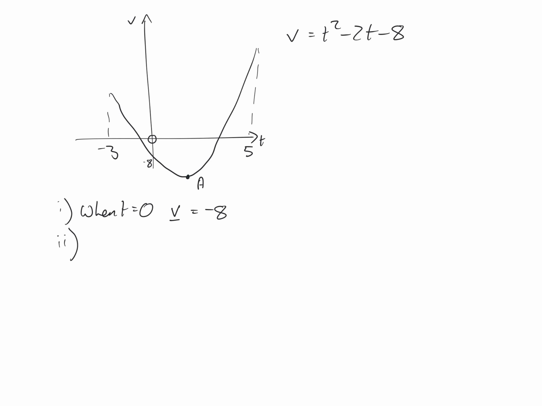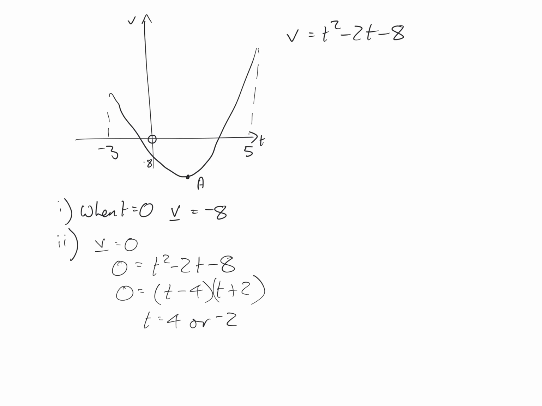Show the insect is instantaneously at rest, so V equals 0. 0 equals T squared minus 2T minus 8, so (T minus 4)(T plus 2), therefore T equals 4 or minus 2. You could sub it in, but that's a slightly more direct way. If you can see it, it's preferable to do it the direct way.